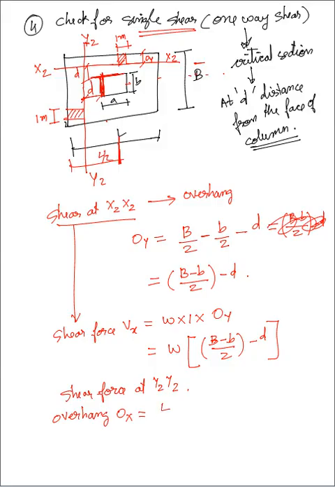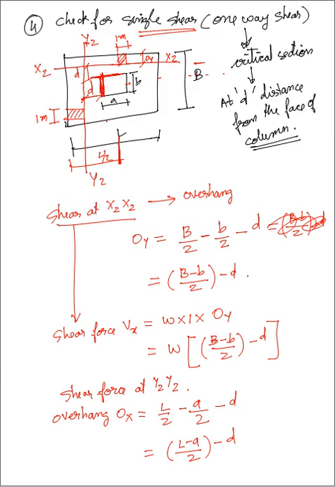So L by 2 minus a by 2 minus d. So it will be L by 2 minus a by 2 minus d. Is it clear?